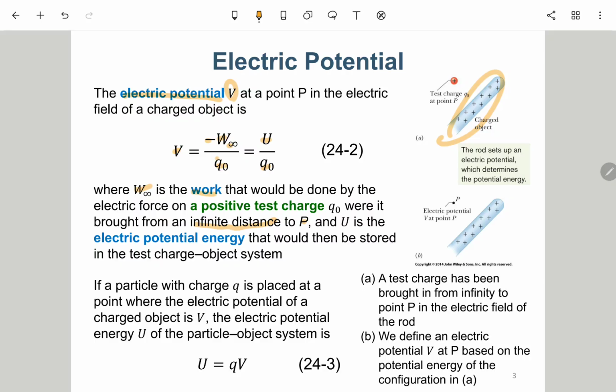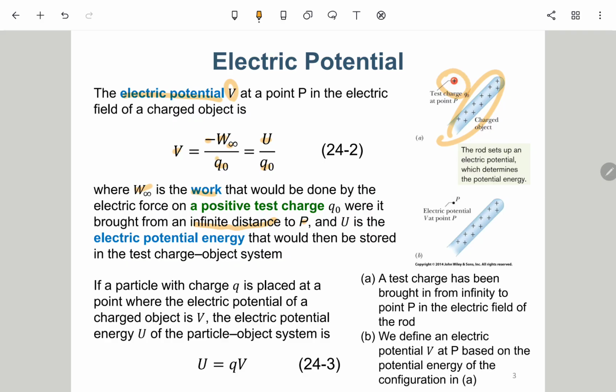It can generate some E field, of course, and we can also define electric potential for it in the space, but the electric potential is a scalar field rather than a vector field.